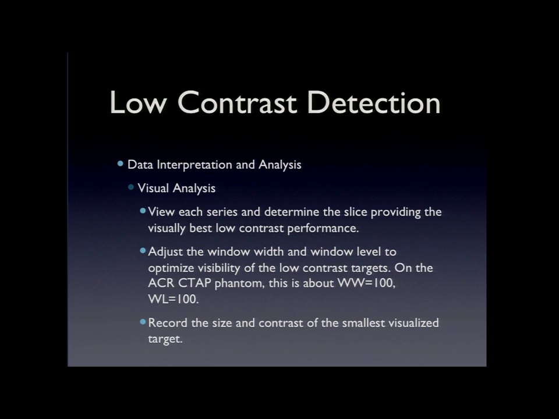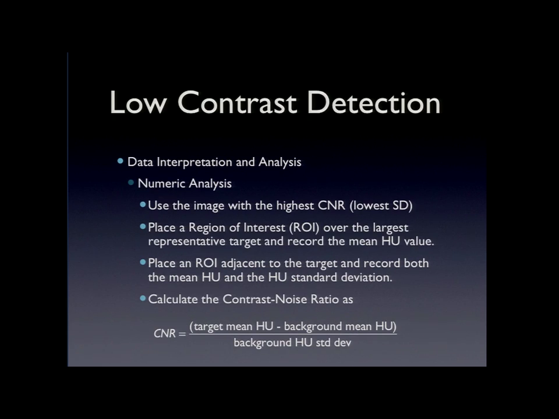You want to pick the image that's in the center because you want to minimize artifacts, but what you really want to do is find one that looks the best, with the best looking resolution. Adjust the window and level to usually 100 and 100, which works best, and then record the size and contrast of the smallest visualized target. So you look at that.